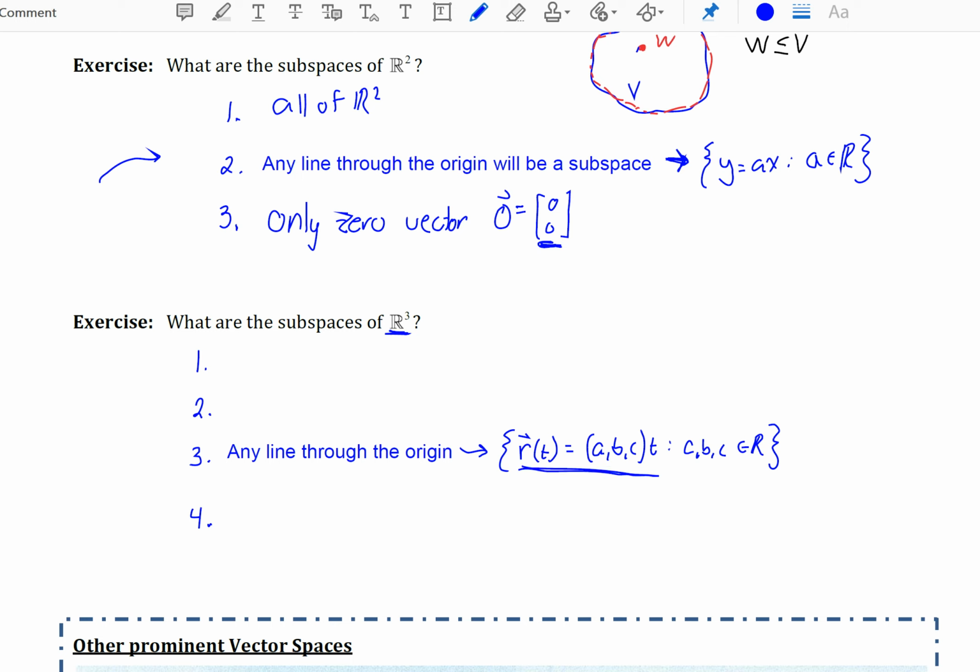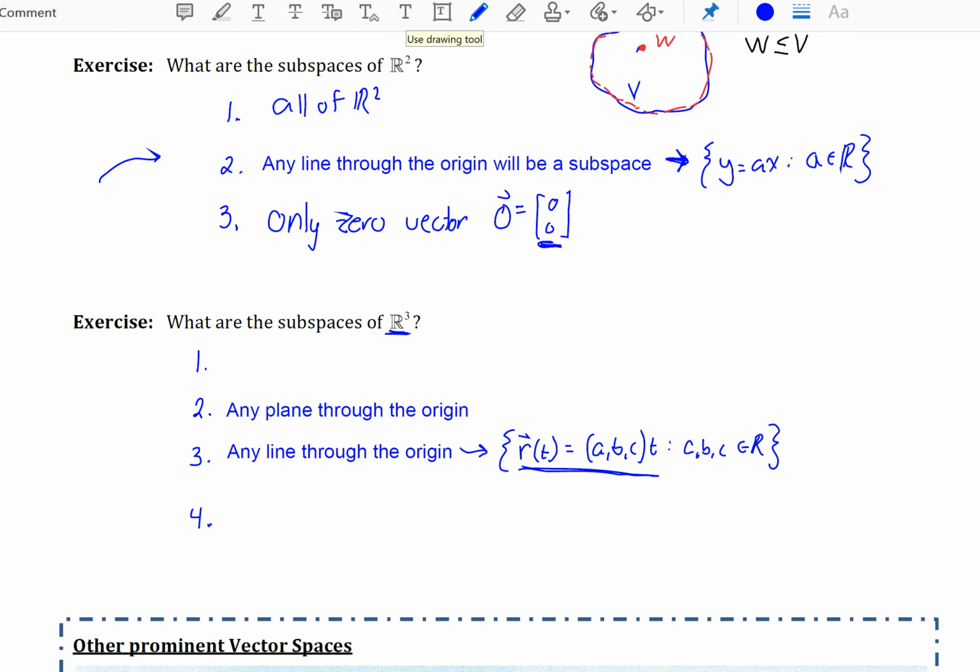Okay. Another subspace of R3 would be any plane through the origin. And notice I'm requiring that we go through the origin so that we can satisfy the presence of a zero vector.